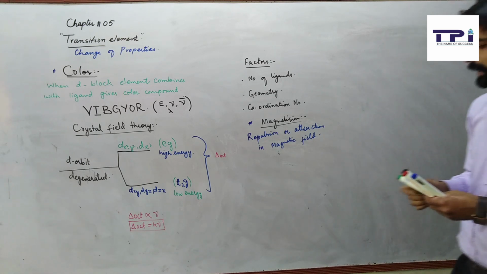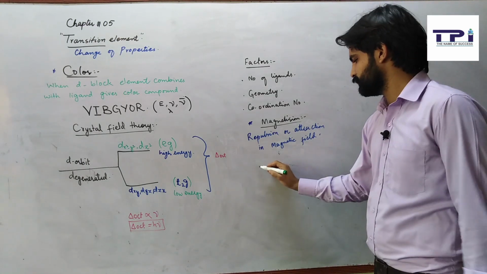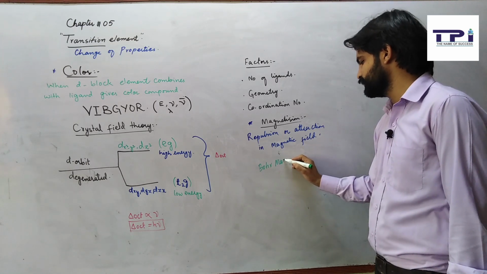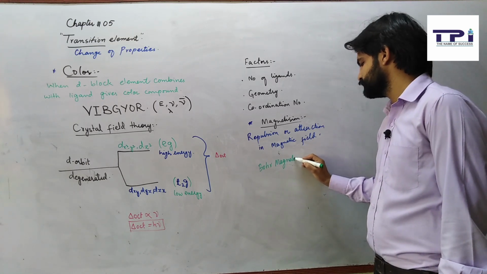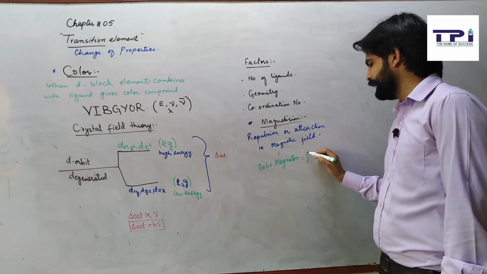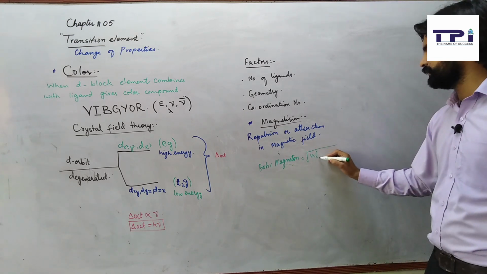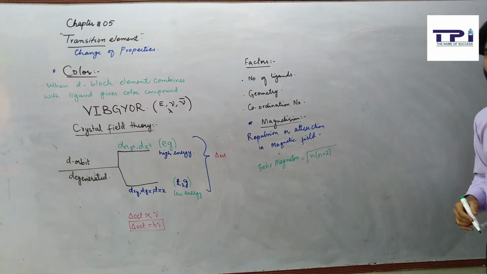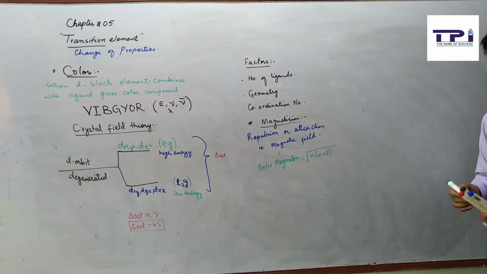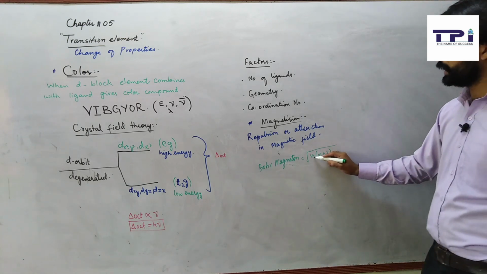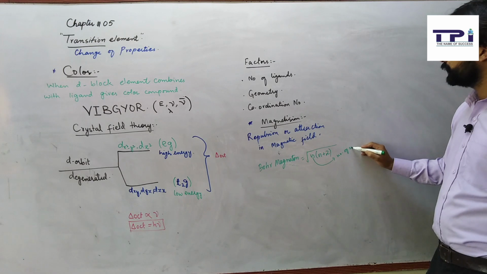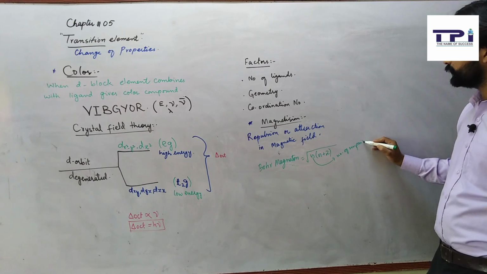You have to memorize Bohr magneton to calculate any kind of magnetism in any matter, whose formula is root of n into n plus 2, where n is the number of unpaired electrons.